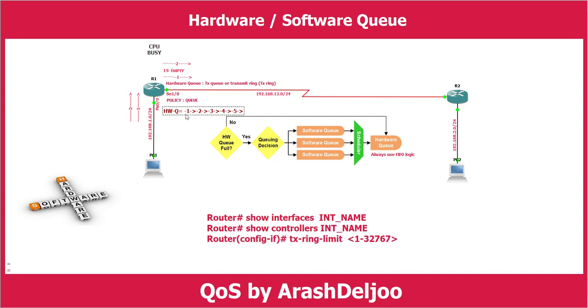Actually, we always have at least 5 packets in the hardware queue, and we are sending packet 1 first, and then packet 2, then packet 3, then packet 4, and then packet 5.